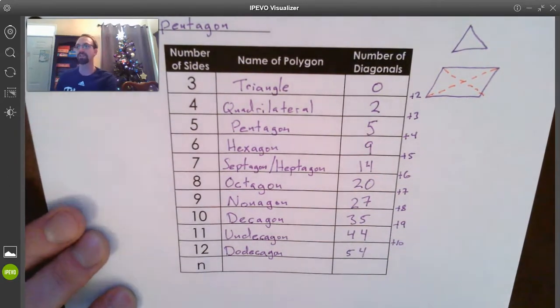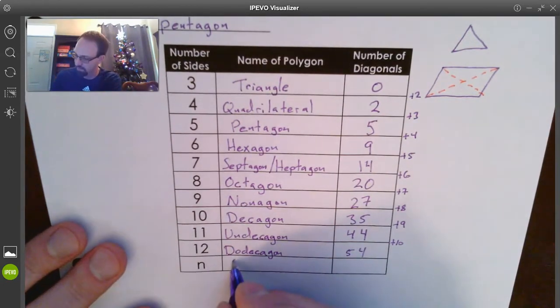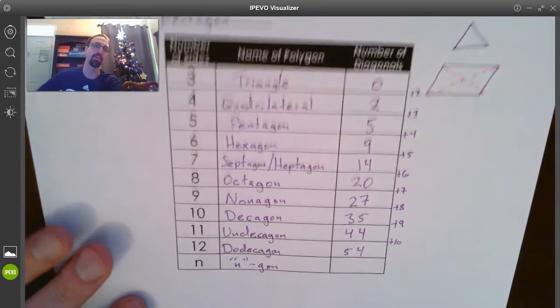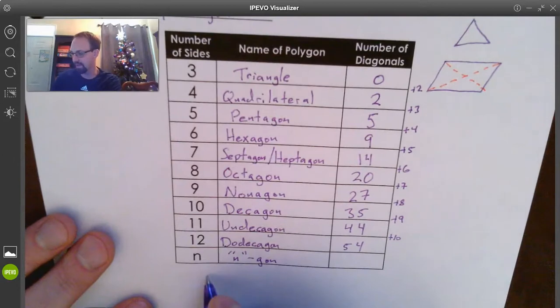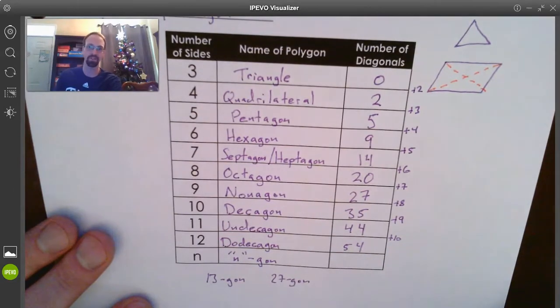Now we get to this last one. It says n. Anything that is above a 12-sided shape, there are some names for some of these. However, at that point, to simplify, we just call it an n-gon, where n is the number of sides it has. So I could say that something is a 13-gon or a 27-gon as an example.